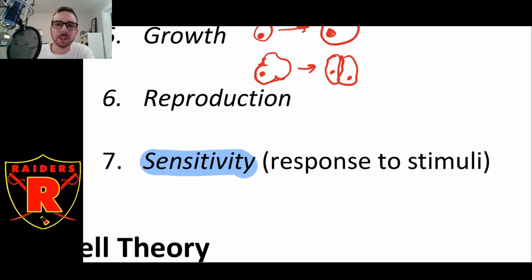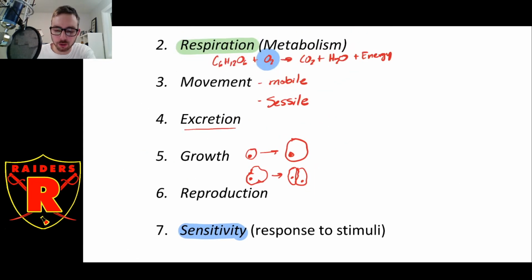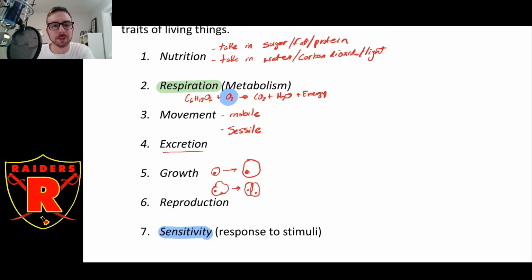So maybe when they detect less moisture, they change their metabolism, or when they detect that there is more sugar in their surrounding environment, they're able to increase the amount of absorption of sugar, or something like that. So they have some way to respond to their external environment. So that'd be a response to stimuli. All of those things are required in order for something to be alive.